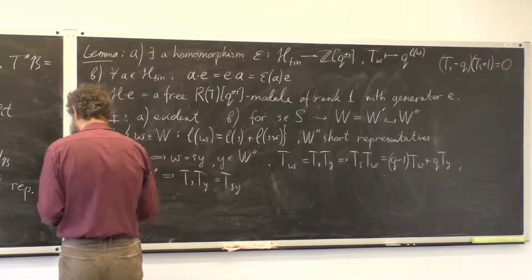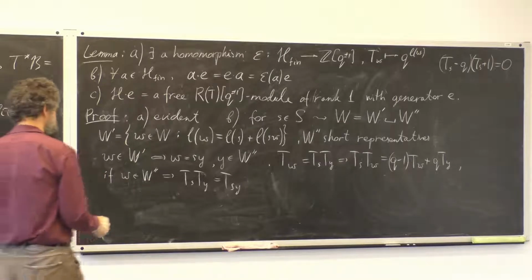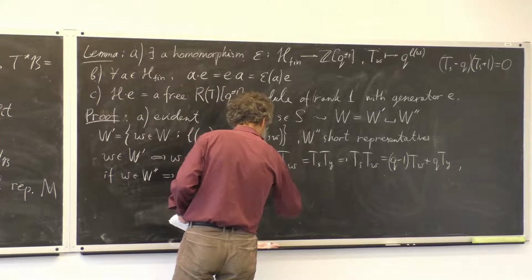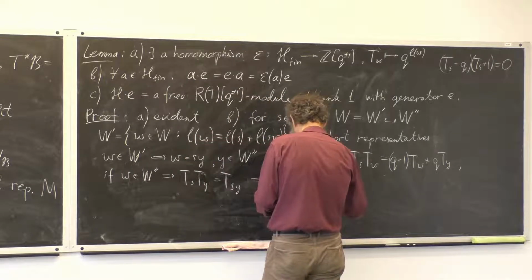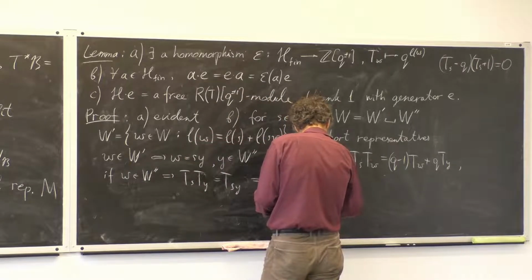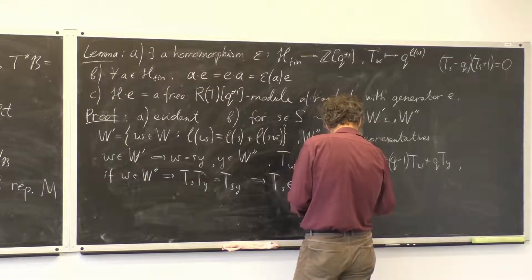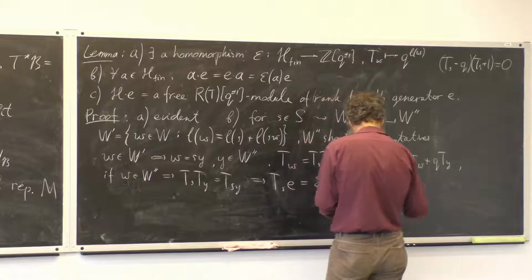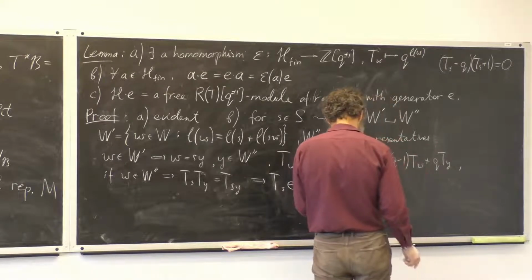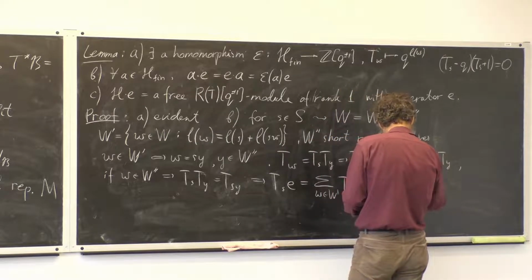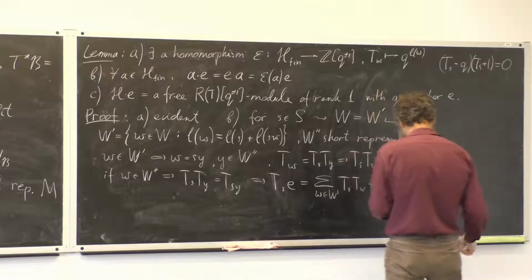So now we can compute Ts times this idempotent. It is the sum over all W prime Ts TW plus the sum over Y in W double prime Ts TY.